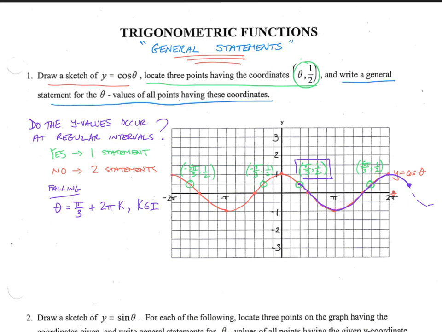Now, the other part, and maybe where we jump in on k must be an integer, is that you'll notice if I went backwards a full rotation, then I'm getting to another point where I am falling to a half. So that's why it's an integer, because we could deal with positive or negative. In either direction, I would be falling to a value of a half.